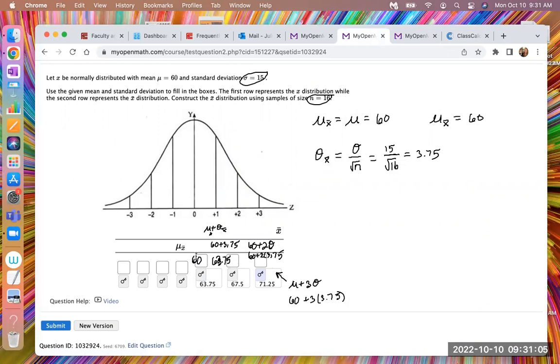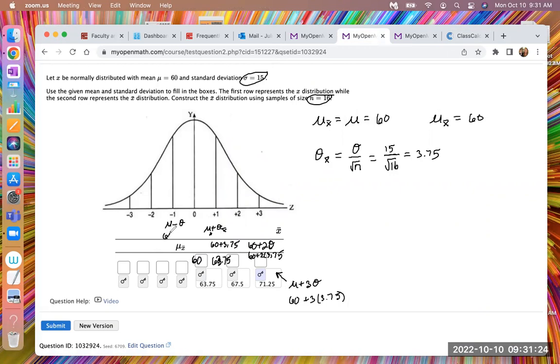Okay, that's half. We did half. Now on the other side, we have to do the mean. This minus 1 here means the mean minus 1 standard deviation. So right here is the mean minus just the standard deviation.